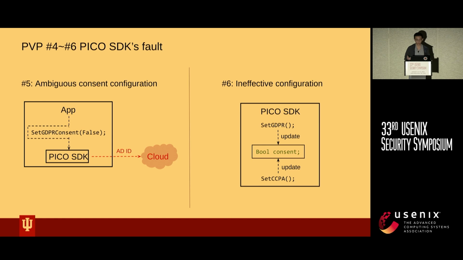However, it's a very common practice for app developers to call all of the privacy APIs at the same time. So if the app developer sets GDPR first and then sets the user's CCPA consent, the user's CCPA consent will override his or her GDPR consent, which will cause the app to be privacy non-compliant.